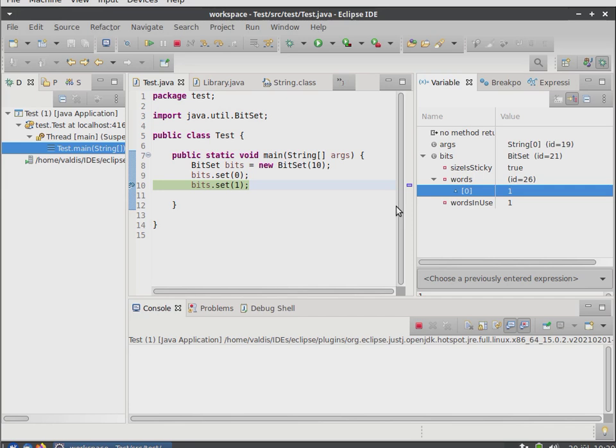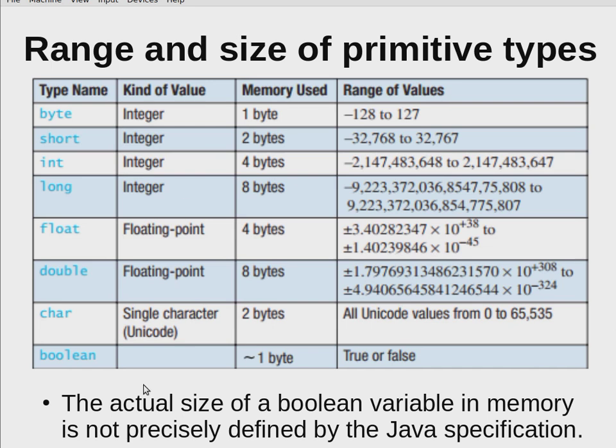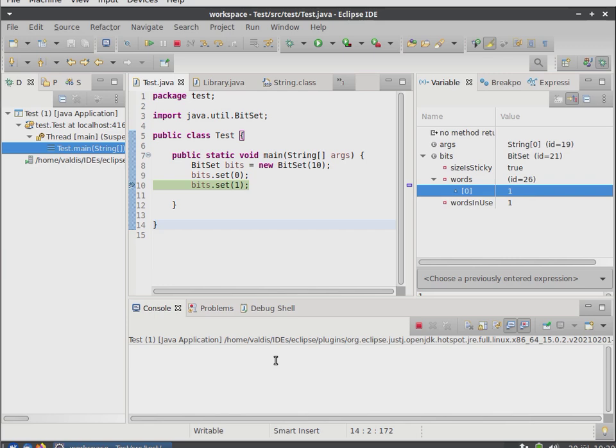So that's what you need to know about size of primitive types and other. So default values are all zeros for initial values. For boolean that means false, and for object reference it means null. A little bit of comments about default values.